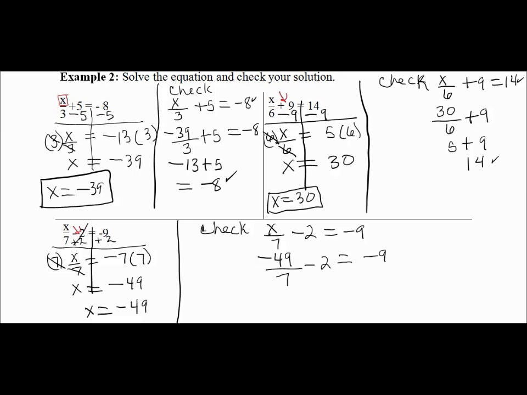So now negative 49 divided by 7 is negative 7, excuse me. Bring down minus 2. And negative 7 minus 2 is negative 9. So that checked out. So that lets me know that my correct answer is indeed x equals negative 49.